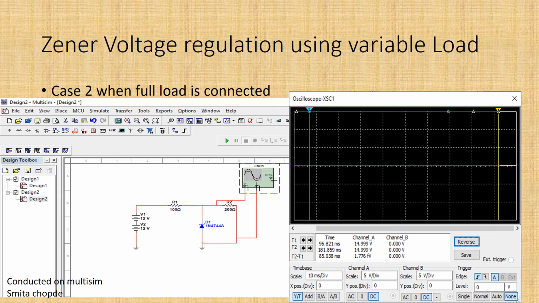We can see from the oscilloscope screen that the voltage has come down from 15 volts to 14.99 volts, and the time duration measured is 96.821 milliseconds, which remains almost stable from 96 to 181 milliseconds.